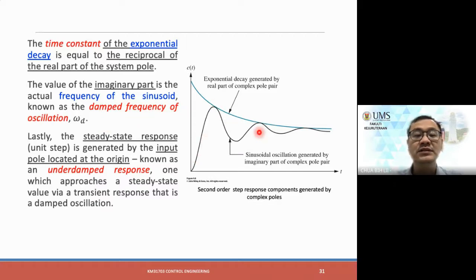So this imaginary part represents the actual frequency of the sinusoidals. And lastly, the steady state response is generated by the input, and is known as the undamped response, which contributes to this whole particular characteristic.